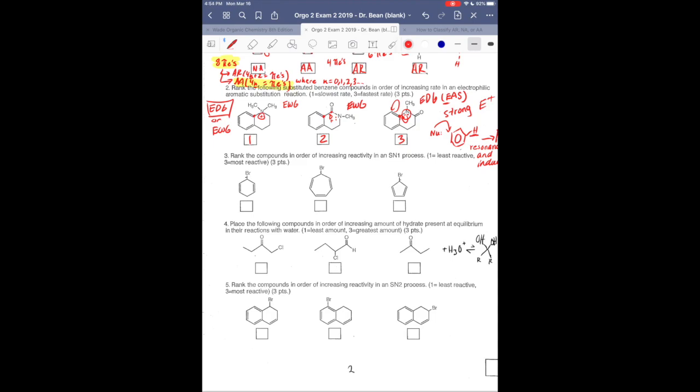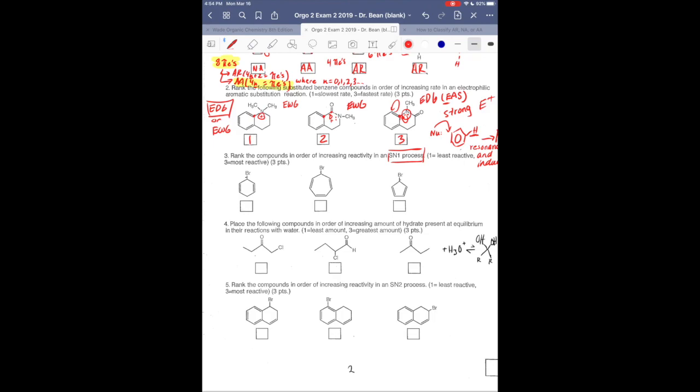Don't get scared by the fact that there's SN1 being introduced, which is also important, I would say. So let's go over the SN1 process. S stands for substitution. N stands for what? Nucleophile. And 1 is going to stand for what? Unimolecular, right?